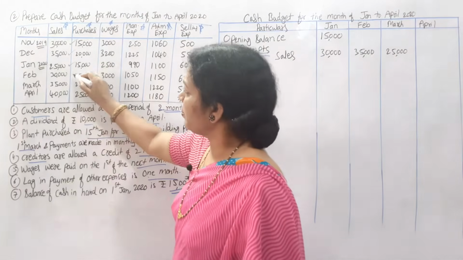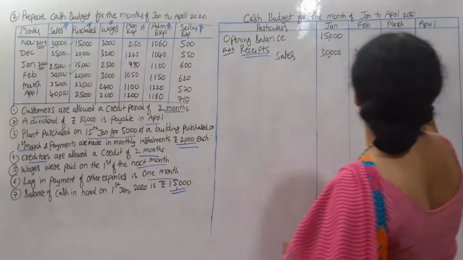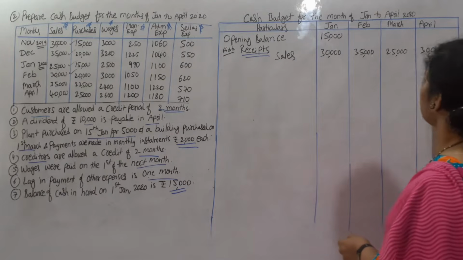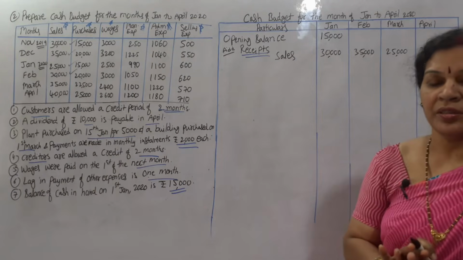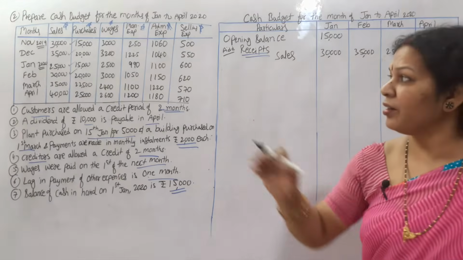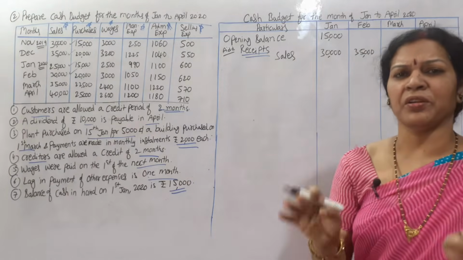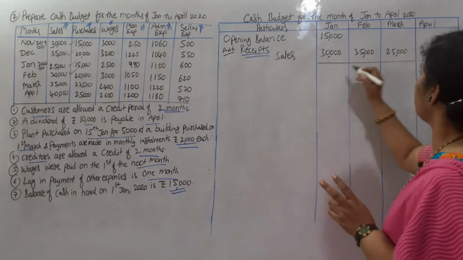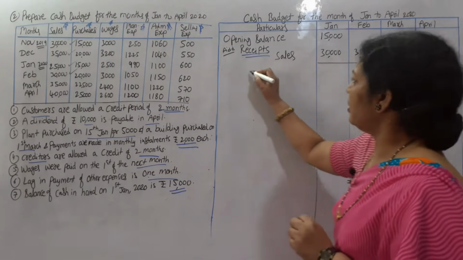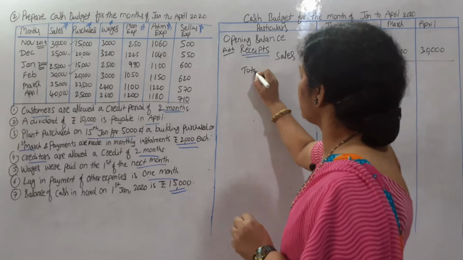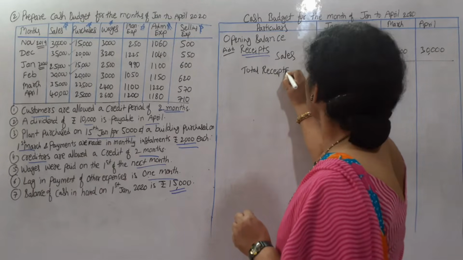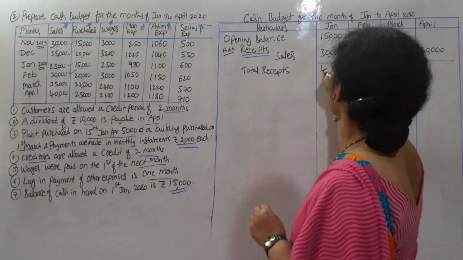Next for April, 30,000. That's all. We don't have any other receipts. Rest of all the transactions are payments only. So we can just total up the total receipts. It is 45,000.